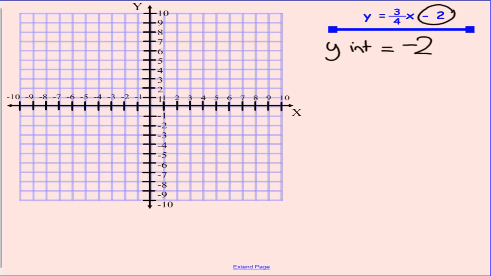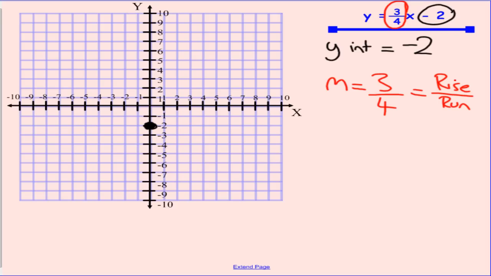The next most important bit of information is the coefficient of x being the gradient. So our m is equal to 3 divided by 4, and I'm just going to write rise over run here because that is how we go from our y-intercept to our next point on the graph. So our y-intercept is negative 2, so we're going to go to negative 2 on our graph, put a big dot there, and then we're going to use our gradient, our rise over run, to find the next point.